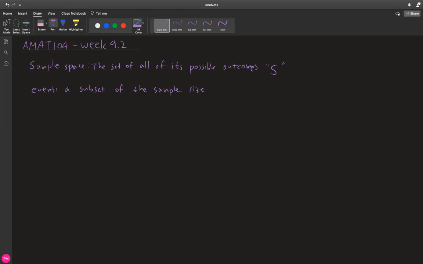Any subset of the sample space, meaning that it could consist of anything. As long as it's a subset, we consider it an event. And this includes the impossible event where there are no possible outcomes. This also includes the entire sample space. And we looked at an example last time.